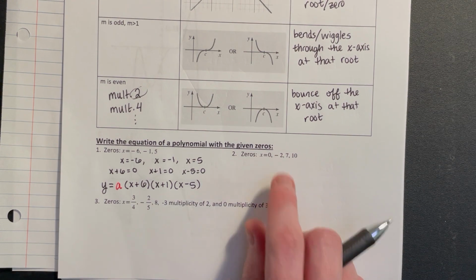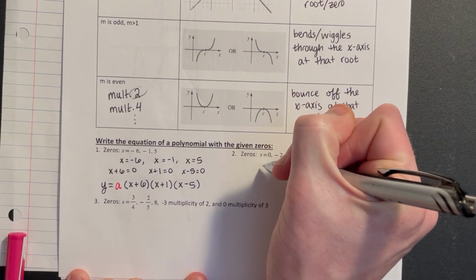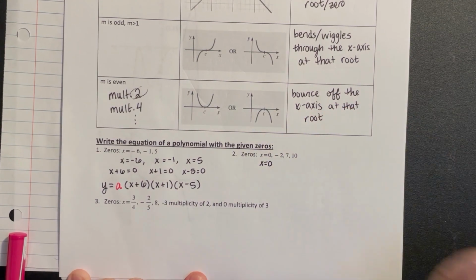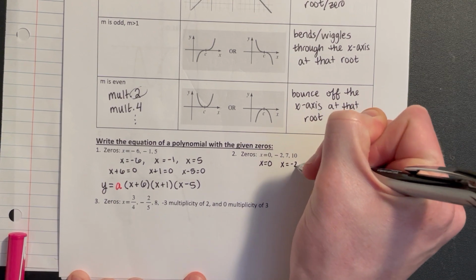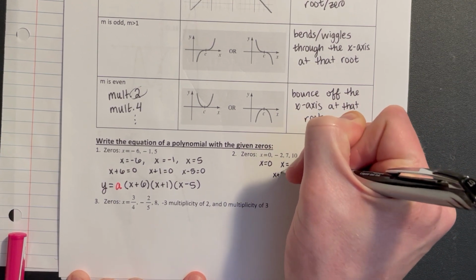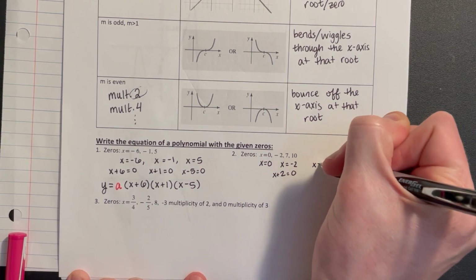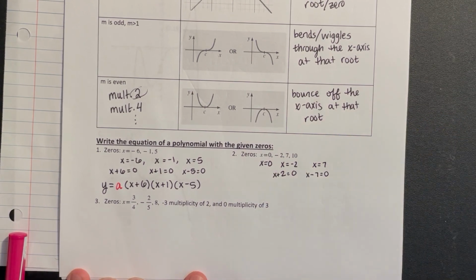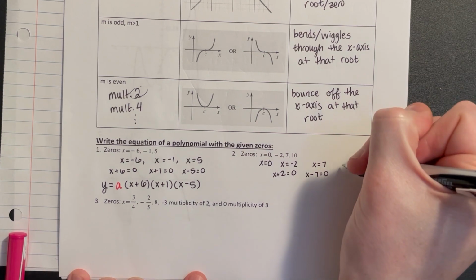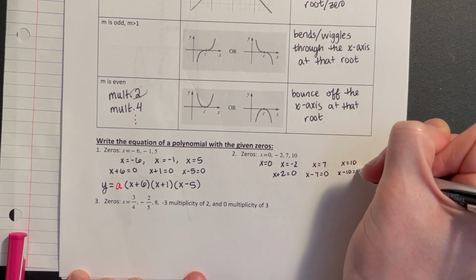If we were doing this next one, we have a 0 at 0. Well, x equals 0, there's nothing really to work out. X equals -2, I can move the 2 back over to make that x plus 2 equals 0. Now that factor is being revealed. X equals 7, I can move that 7 over by subtracting it, and x minus 7 equals 0. X equals 10, move the 10 over, x minus 10 equals 0.